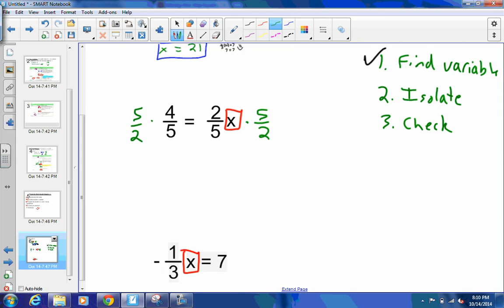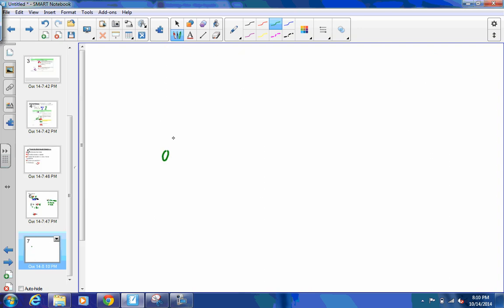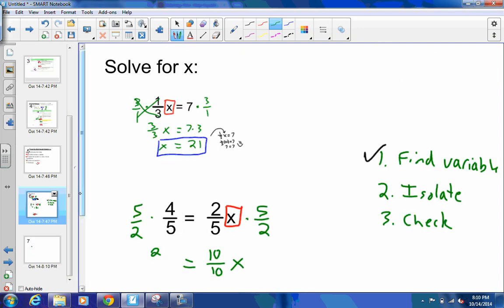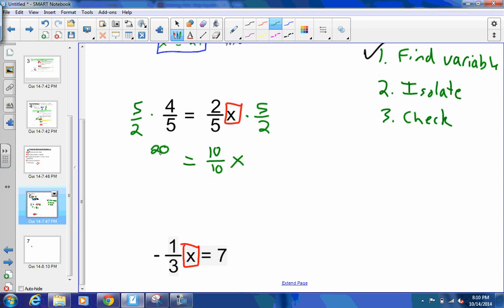When you multiply that out, you get 2 times 5, which is 10. 5 times 2, which is 10. X equals 20 over 2 times 5, which is 10. All right.